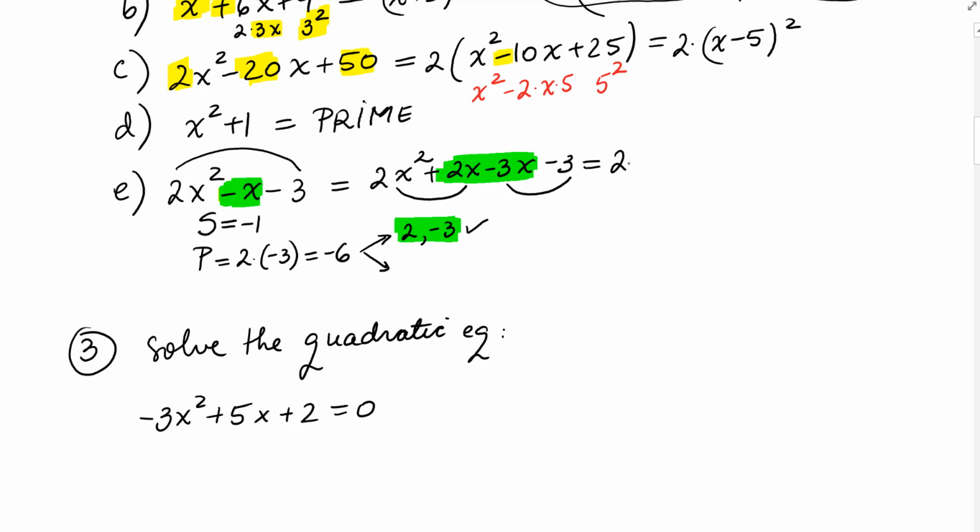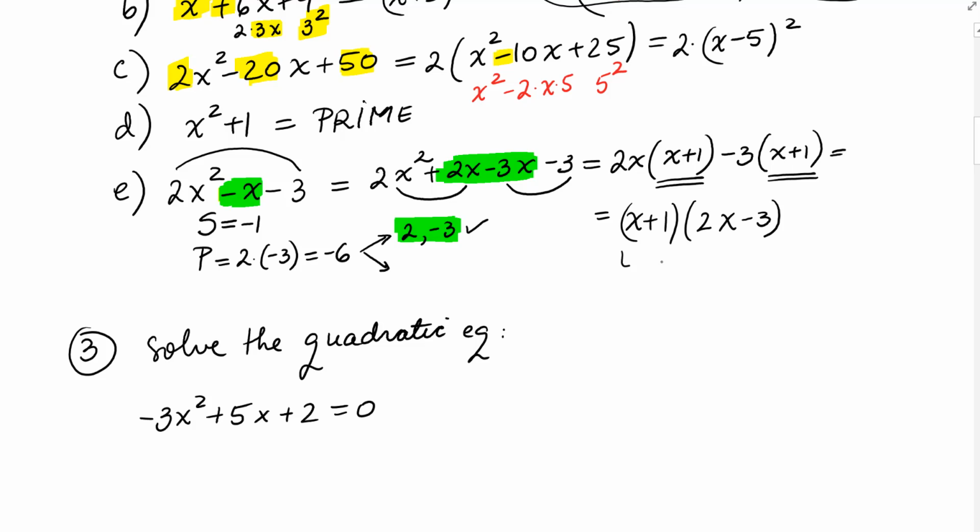The first two have a common factor of 2x, so we end up with x plus 1. The last two have a factor of -3, so we get x plus 1. So x plus 1 is a common factor, so I'm going to factor it out, and we get x plus 1 times 2x minus 3, and this is 2x squared minus x minus 3 in factored form.